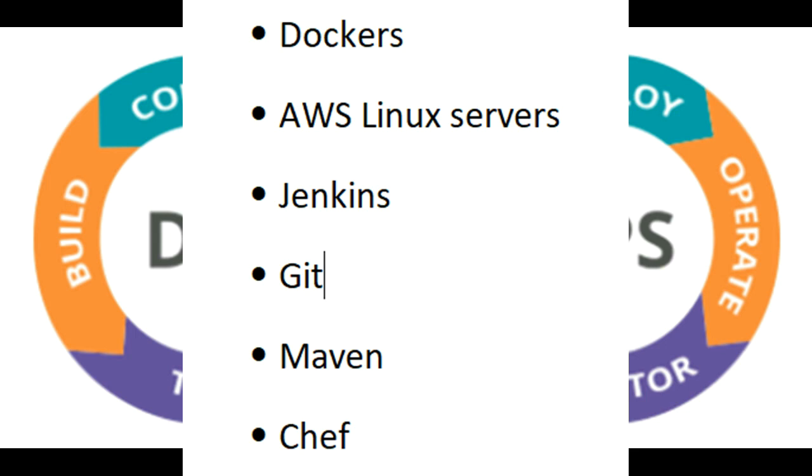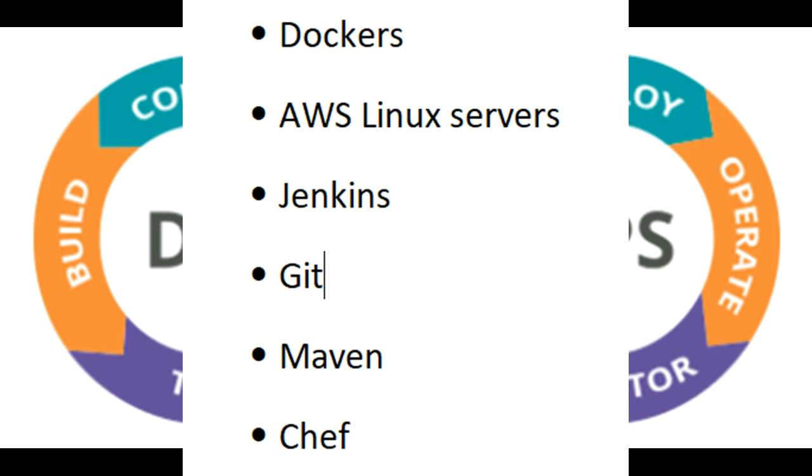So these are the most commonly used tools, but it is not limited to these tools only. There may be other tools as well. We use Kubernetes, Puppet, and many other tools.